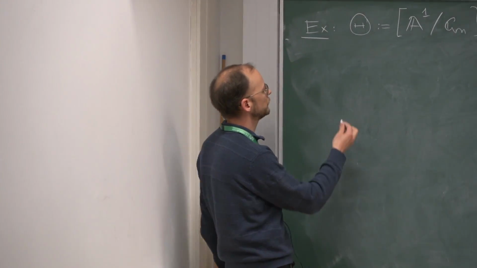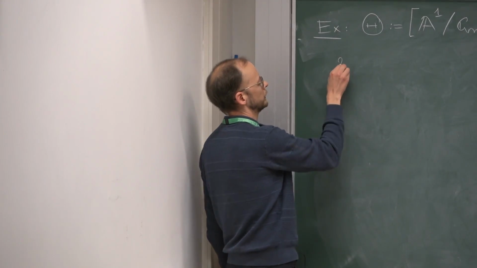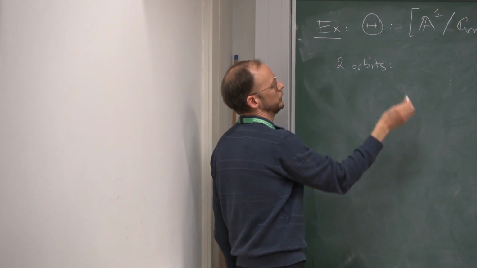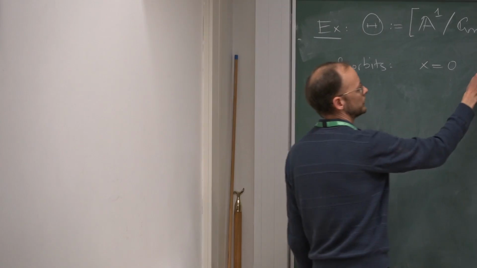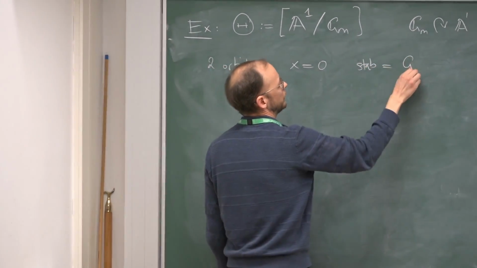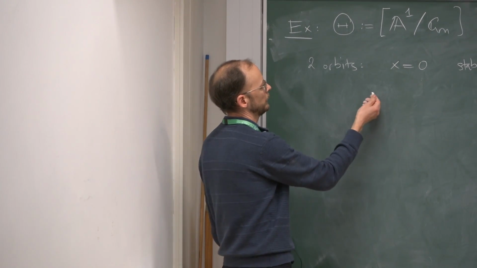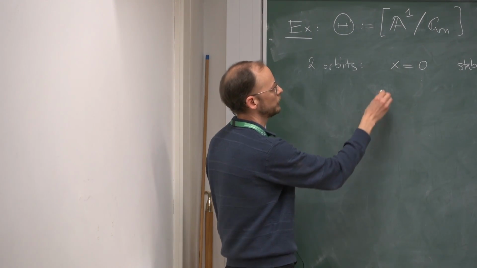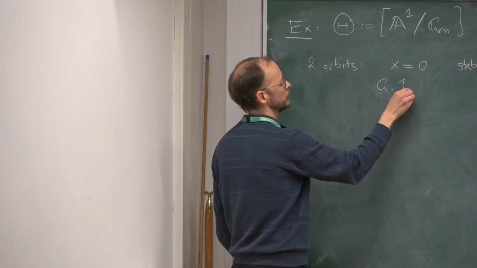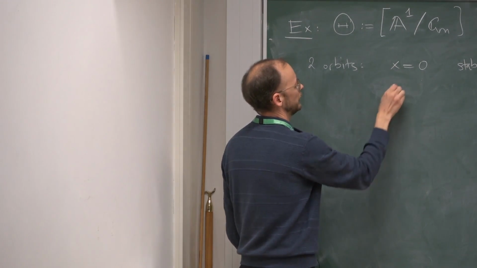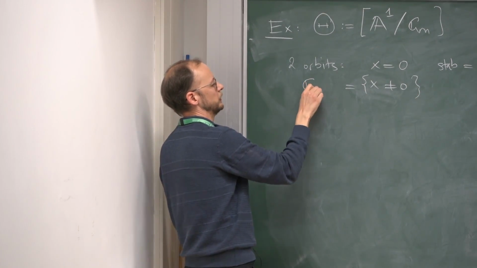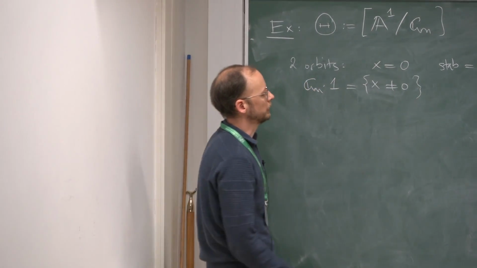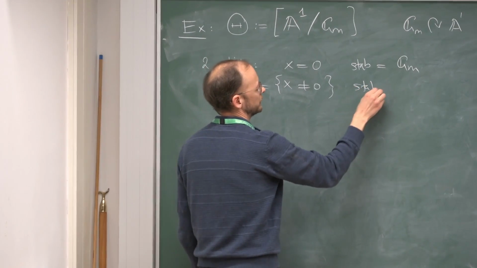And now we have two orbits. We have the origin, which has stabilizer the whole Gm, C star if you like. And then we have the other orbit, which is G_m times, let's say, x, and this has trivial stabilizer.